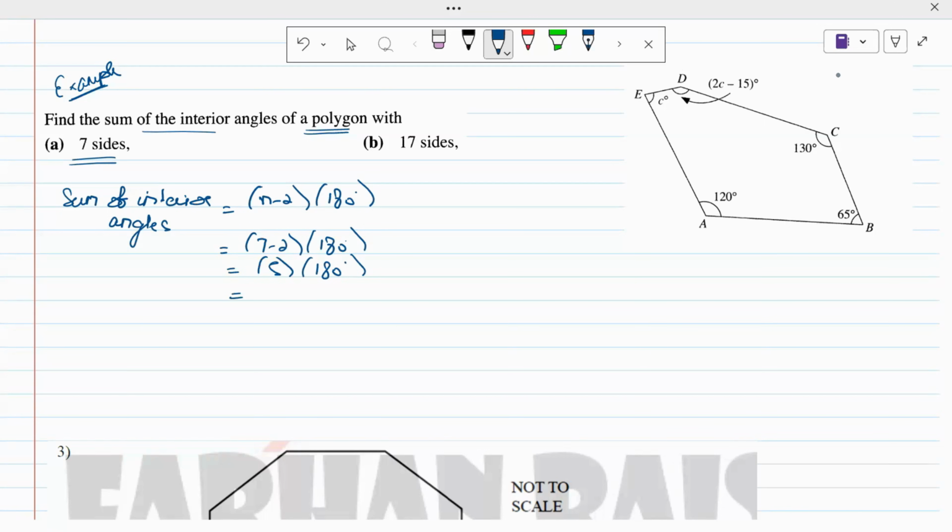And that would give us 900. So the sum of 7 interior angles would be 900.